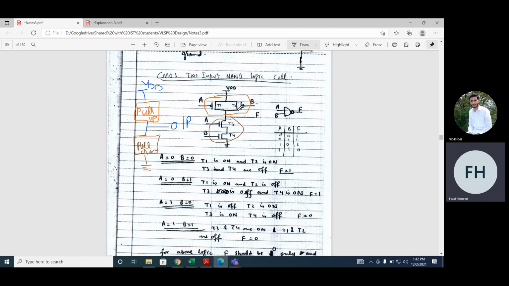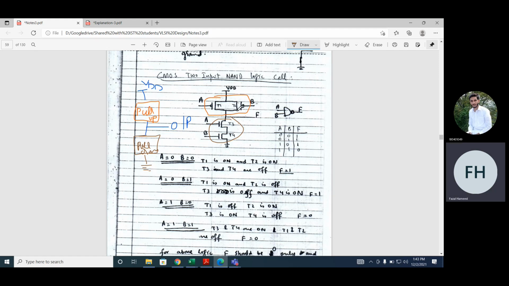Now when will the output be connected to the ground? When both T3 and T4 are on. If T3 and T4 are on simultaneously, the output F will be connected to the ground because both are connected in series.